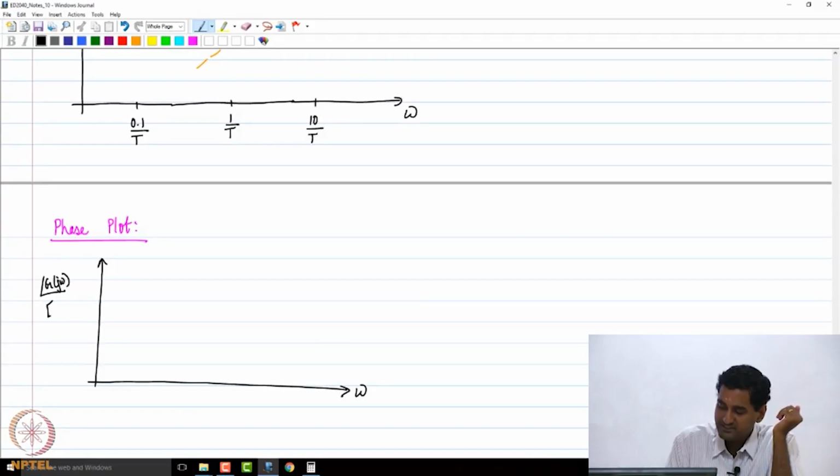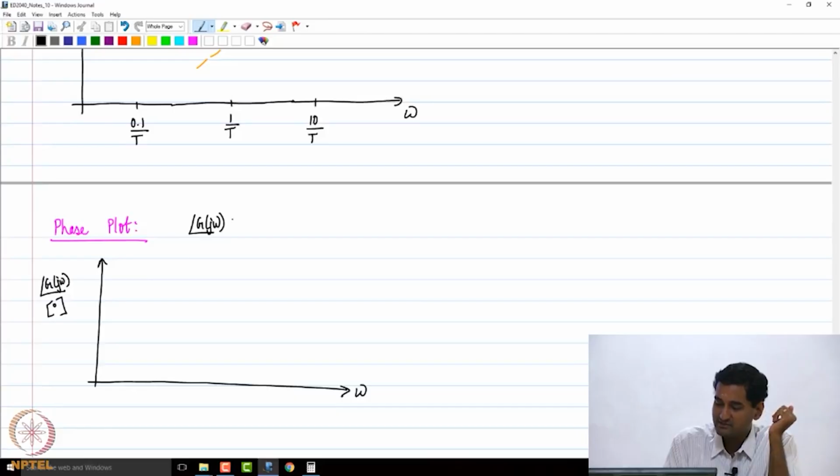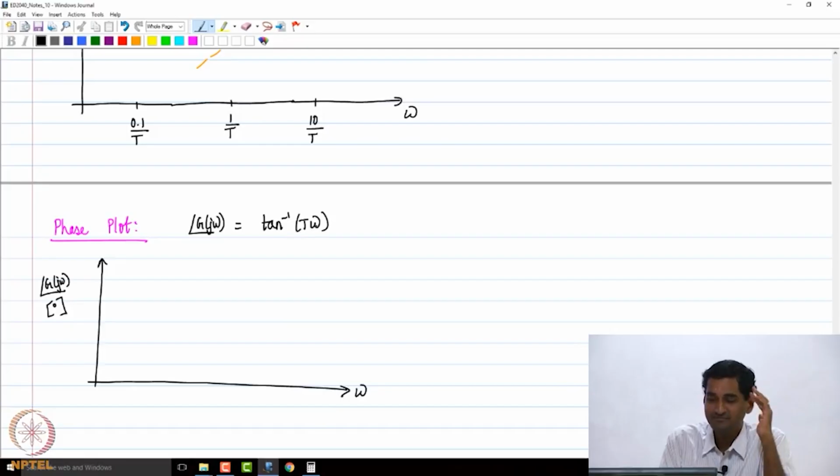It will tend to plus 90, right. At omega equals 1 by capital T it will be 45 now. Why? Because please note that the phase of G of j omega now is tan inverse of T omega, not minus, it is just tan inverse, right, plus.